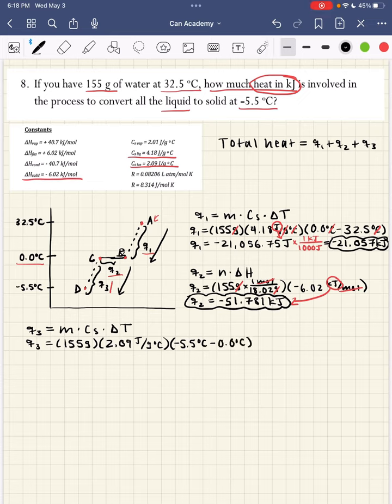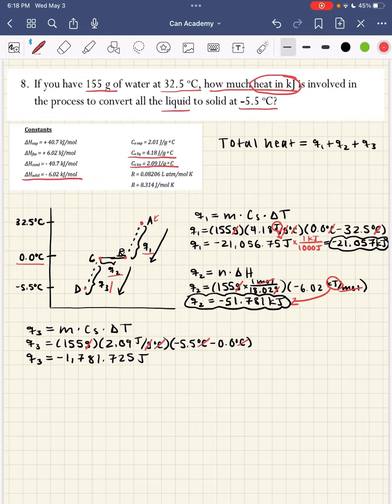When we multiply this all out, we are going to get that Q3 is equal to negative 1,781.725 joules, if you want to keep it running. Joules again, because I'll show this again. Grams cancel out with grams.